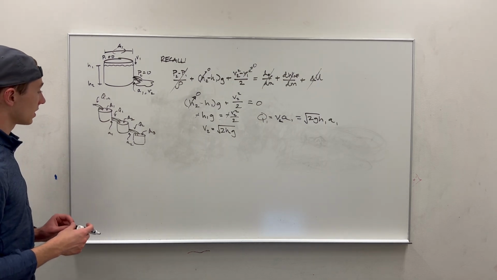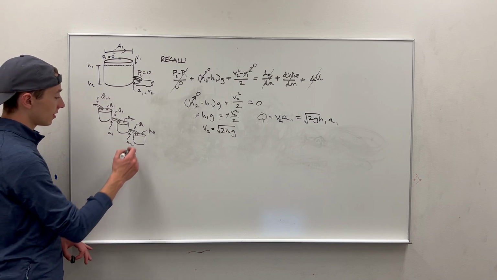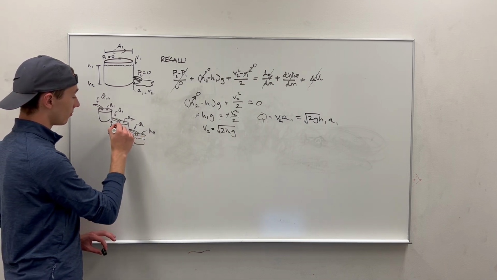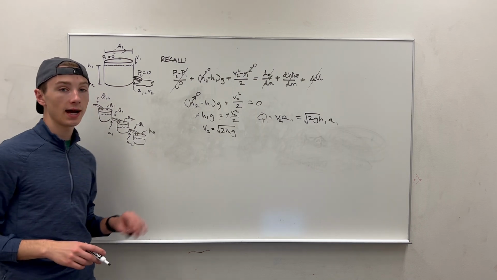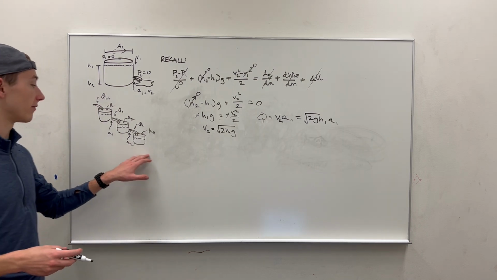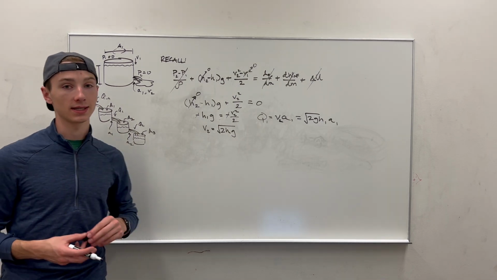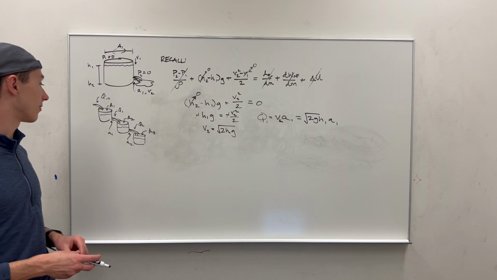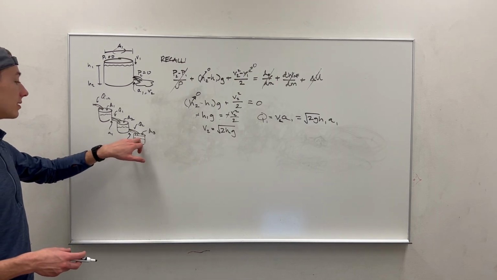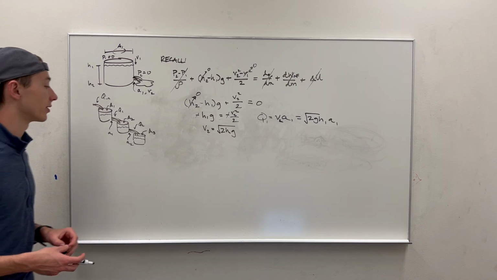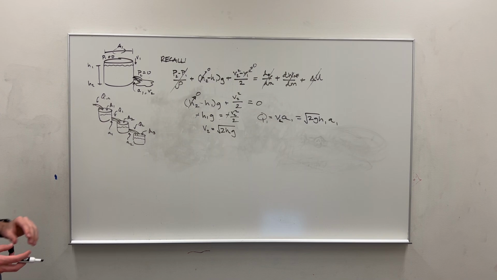Now here's what's going to be interesting about this problem. Let's say we have some initial height of water in all of these, and we want to raise the height of the water in the very last tank by controlling the flow in the inlet. Maybe it's like one of those waterfall cascade fish tanks, and we want to raise the water level in the third tank. So how would you go about doing that by changing the flow rate of the first one?